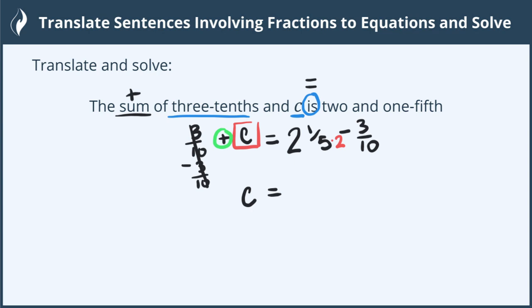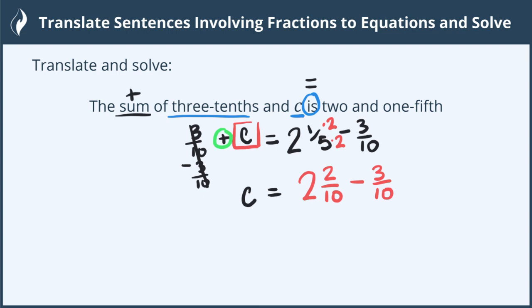So I multiply the denominator, but I also must multiply the numerator so that it keeps the equation equivalent. 2 times 1 is 2. 2 times 5 is 10, and I still have my whole 2 out here. Subtract 3/10. Because it has the same common denominator, I don't need to change that one.